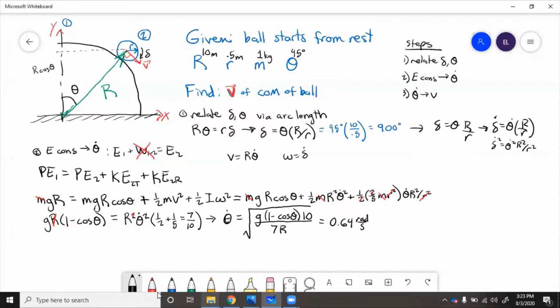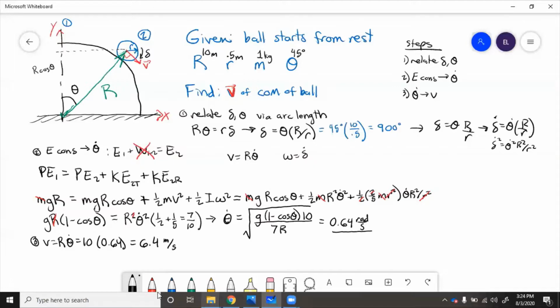So that's how we got theta dot, but really we need to get V. Well, we know from above here, V equals R theta dot equals 10 times 0.64 equals 6.4 meters per second.